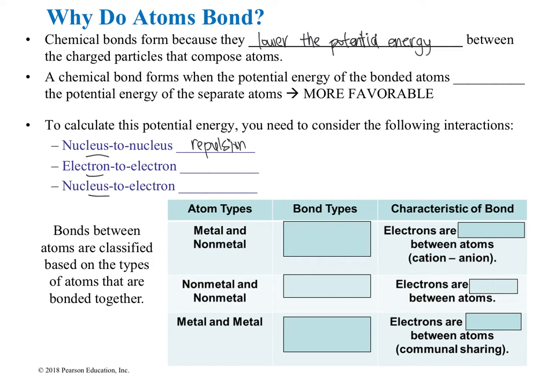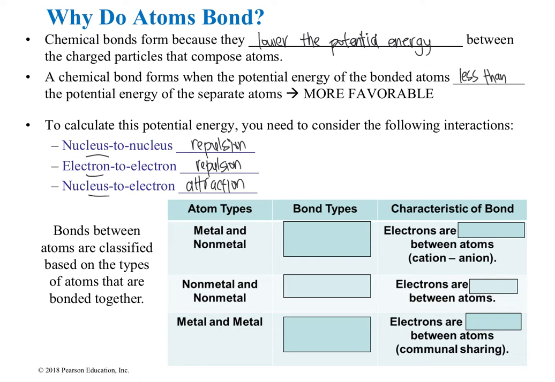The electrons between atoms are also going to have a repulsion, but the nucleus of one atom and the electrons of another will have an attraction. So we'll have a chemical bond where there is a minimum, or the lowest, potential energy of the attractions between these particles. When the bonded atoms have a potential energy that is less than the potential energy of the individual atoms, that's more favorable, so we're going to form a bond.